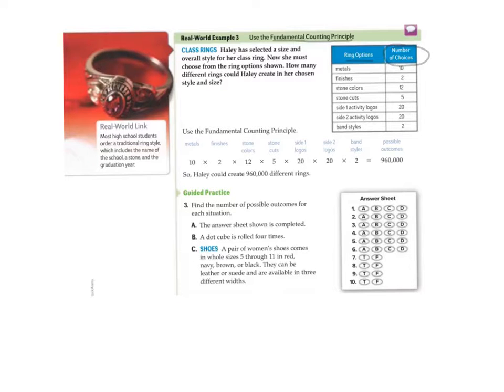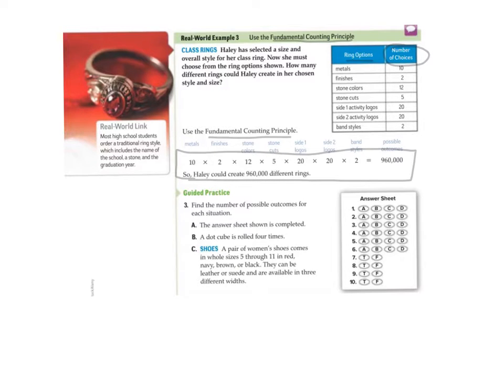And as you can see, you've got 10 different metals, you've got 2 different finishes, stone colours, you've got 12, the cuts of the stones 5, etc, etc. Well, obviously you've got a lot of options there. Well, if you use the fundamental counting principle instead of doing a tree diagram, as you can see, all you're actually going to do is multiply your numbers together.